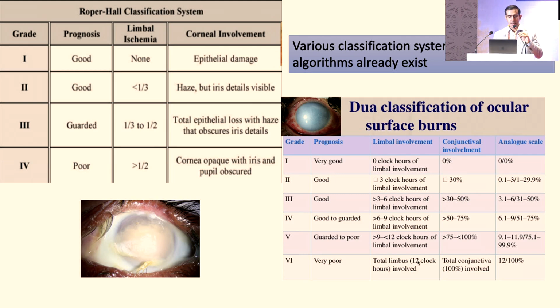The only issue with that was there was no talk of conjunctival involvement, and we've seen that conjunctival involvement is also very important in determining whether these patients will do well after treatment or not. And therefore, the Dua classification incorporates conjunctival involvement, and it's got an analog scale that gives you a percentage, and it's graded 1 to 6, so you tend to have a better understanding of which patients would do better, with grade 5 and 6 being the ones with the poorer prognosis.